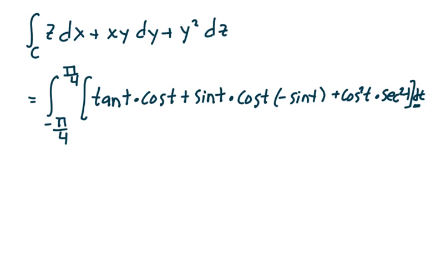Now, cosine squared t times secant squared t is equal to 1. Why? Because remember, secant squared t is 1 over cosine squared t.